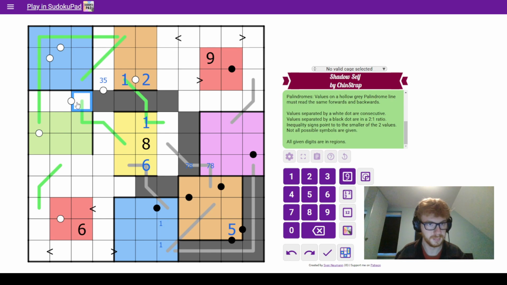Hmm. Okay. Not all possible symbols are given. Okay. There is more.